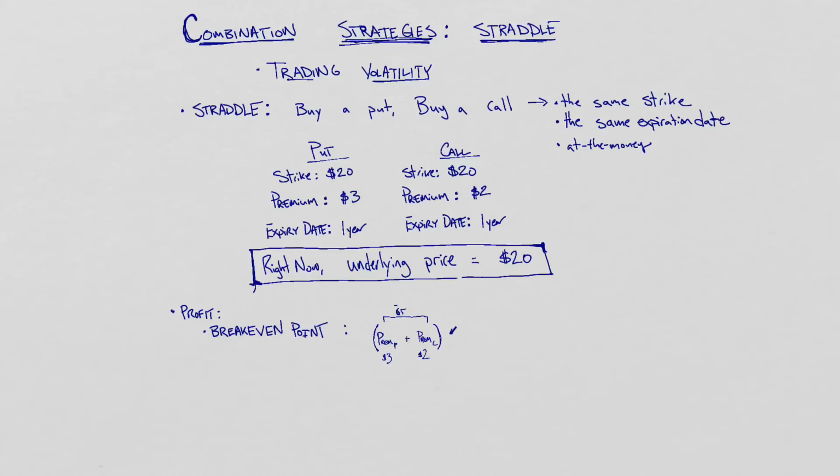Because if it costs us $5 to enter into this strategy and the strike is 20, then as long as the underlying moves by more than $5 in either direction, if it falls by 5 or if it rises by 5, then anything beyond that, any further fall or any further gain, is pure profit.